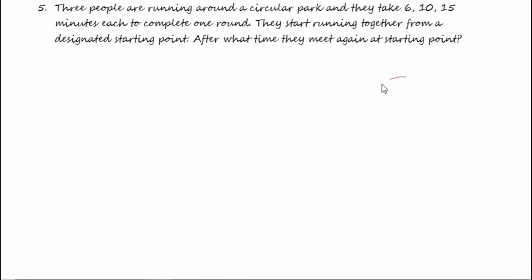Now let us take the round circular park. Now this is the park. You have A, B and C. A completes in 6 minutes, B completes in 10 minutes, C completes in 15 minutes. Let us take C first. C completes in 15 minutes. He starts from here, he completes in 15 minutes.